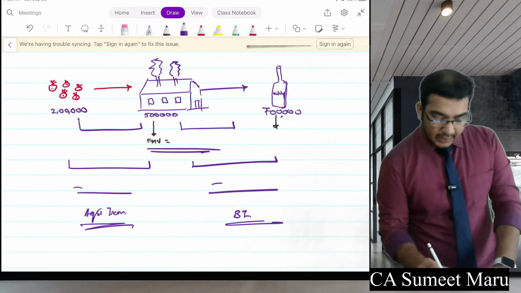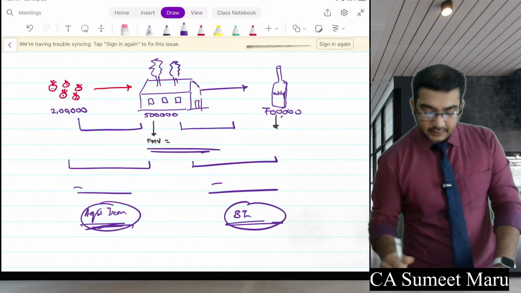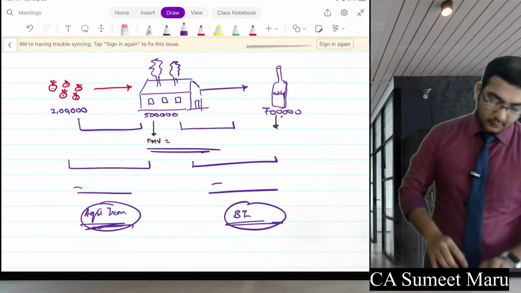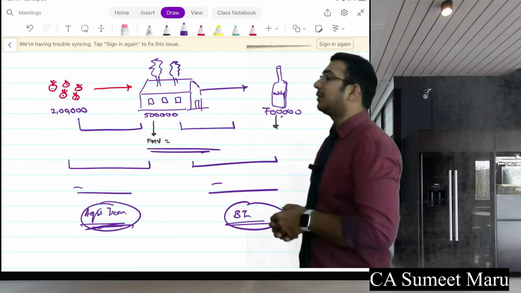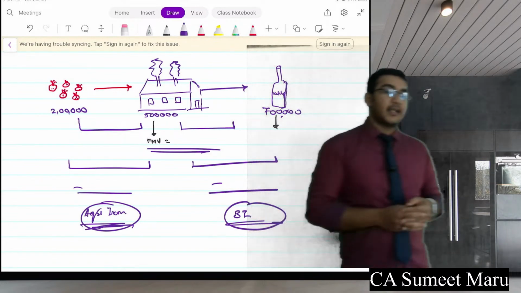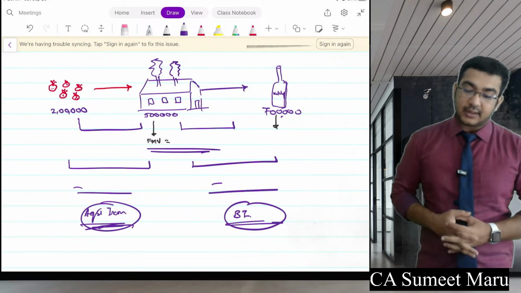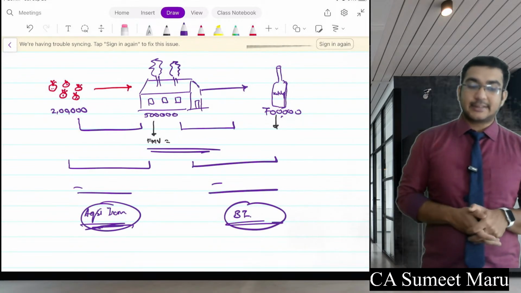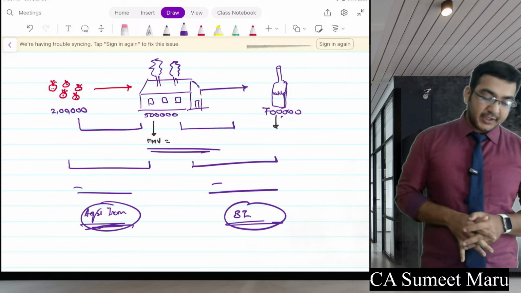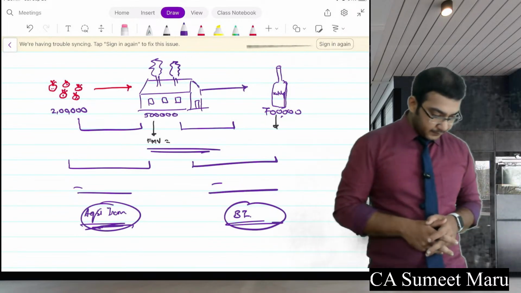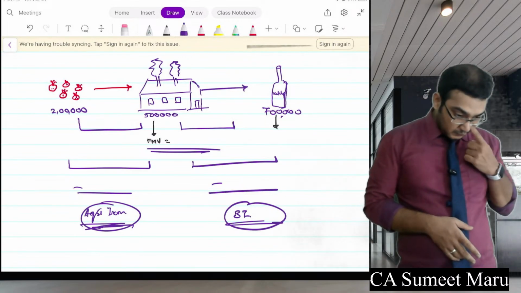Please tell me what is your agriculture income and what is your business income. Cost of producing tomatoes is 2 lakhs. Further, fair market value is 5 lakhs, and your ketchup sale value is 7 lakhs. What is your agriculture income and how much is your business income?